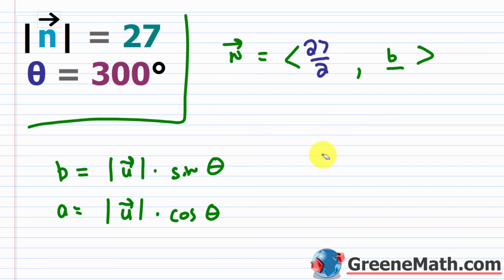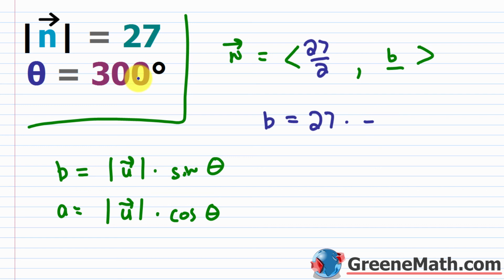And then for b, it's equal to what? Again, the magnitude of this vector n is 27, times the sine of 300 degrees. Think about the fact that in quadrant 4, your sine is going to be negative. Sine is positive in quadrants 1 and 2 only. So I'm going to put negative, and then the reference angle is 60 degrees.